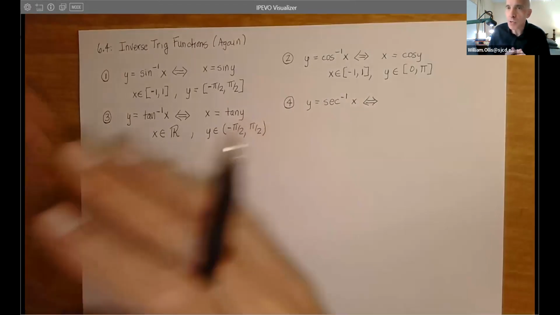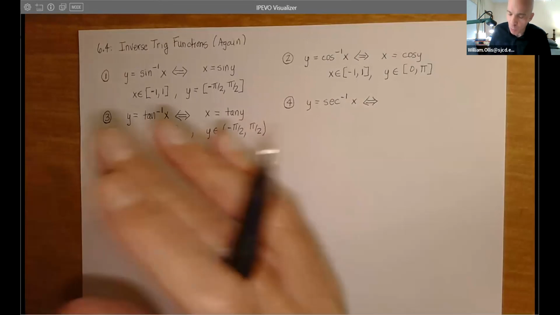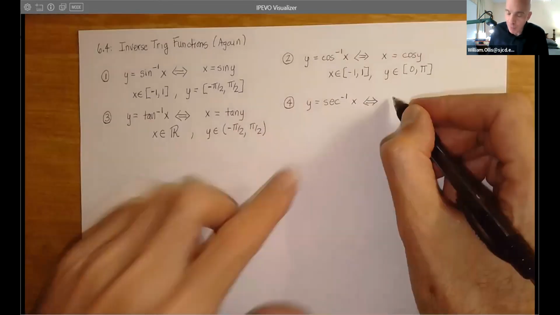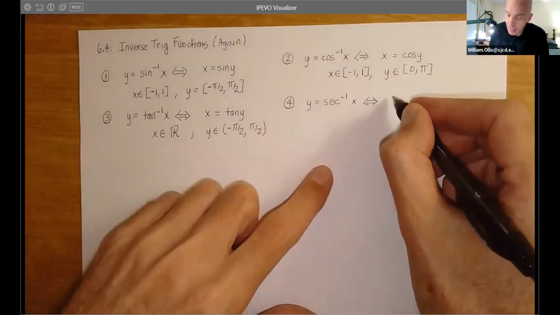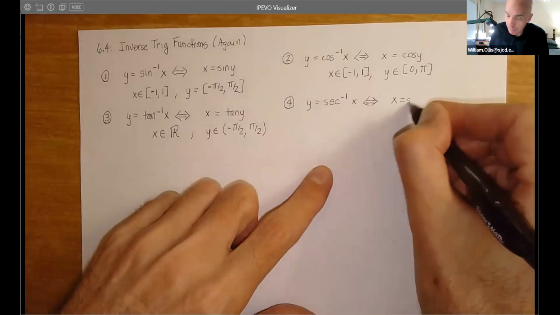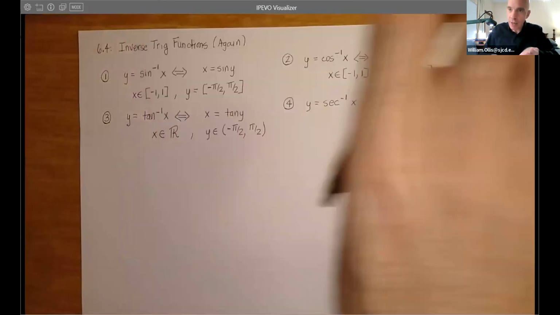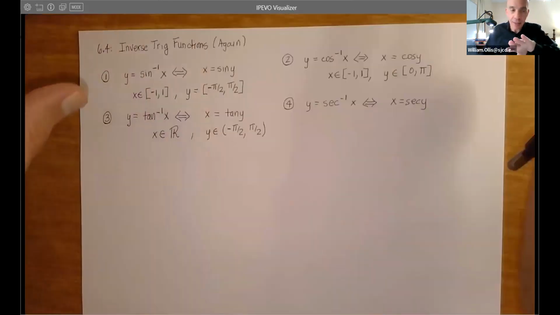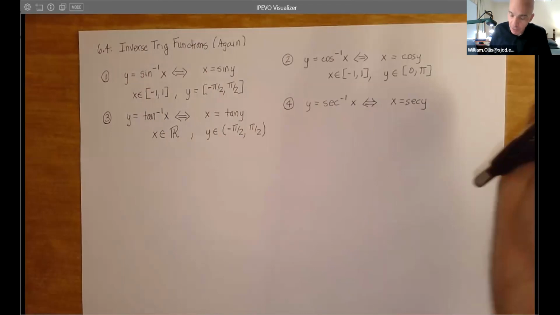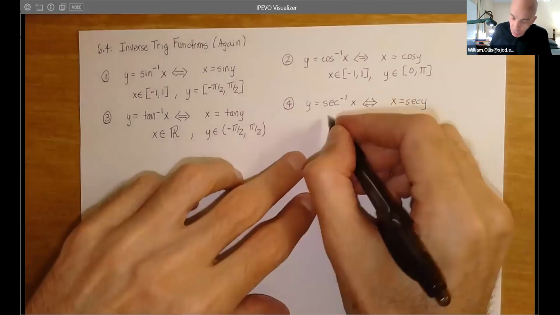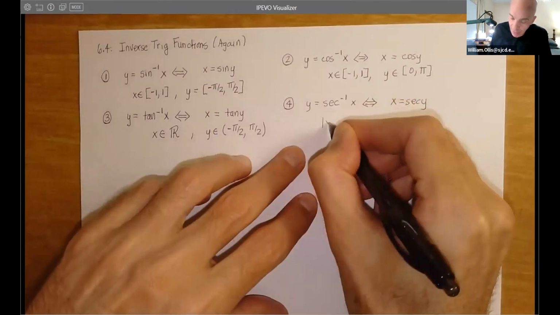But the one that I'm using is, I think, maybe considered more so. So let's apply secant to both sides, and that'll give us x equals secant y. And then, of course, we knew that we have the x running 1 or greater and -infinity up to -1. So we could write that with the absolute value like this.